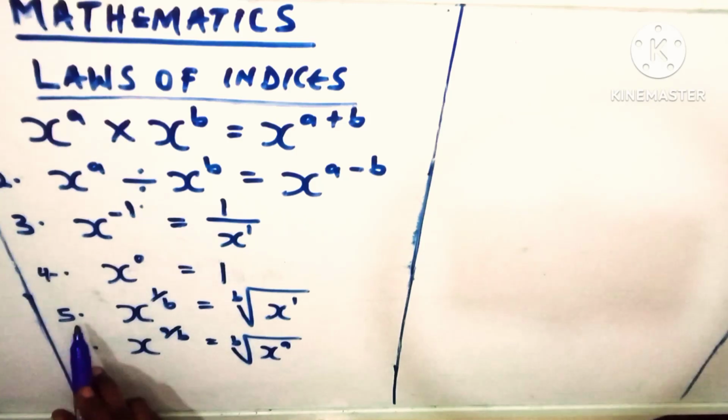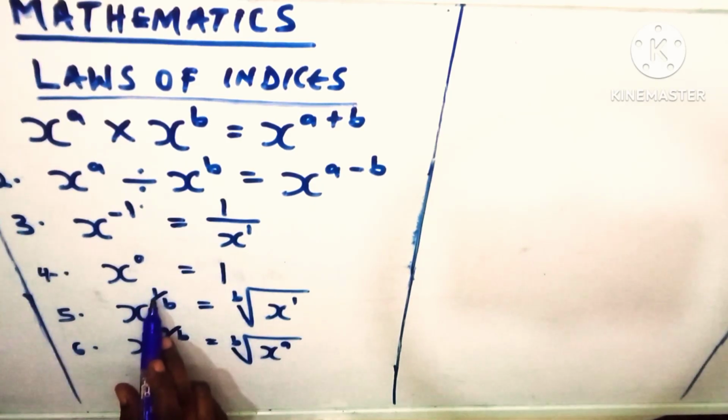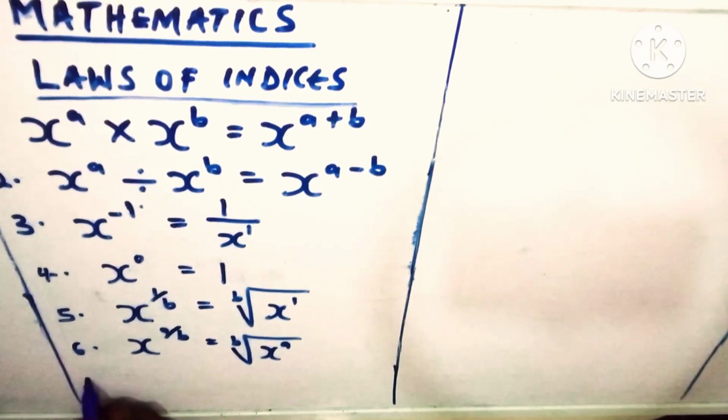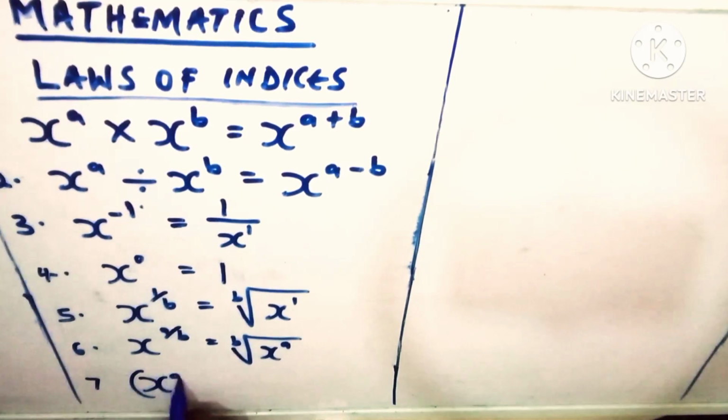The difference between 5 and 6 is that 1 is constant in 5, but a cannot be 1 in 6. a can be anything from 2 and above. Take note.